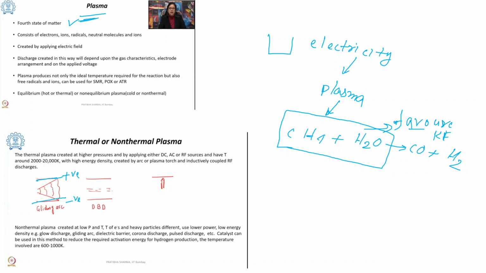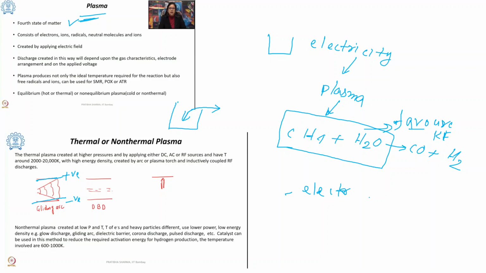Here the plasma will be generated like a spark, and this spark will ignite the air. The air molecules will dissociate into different forms, like electrons.